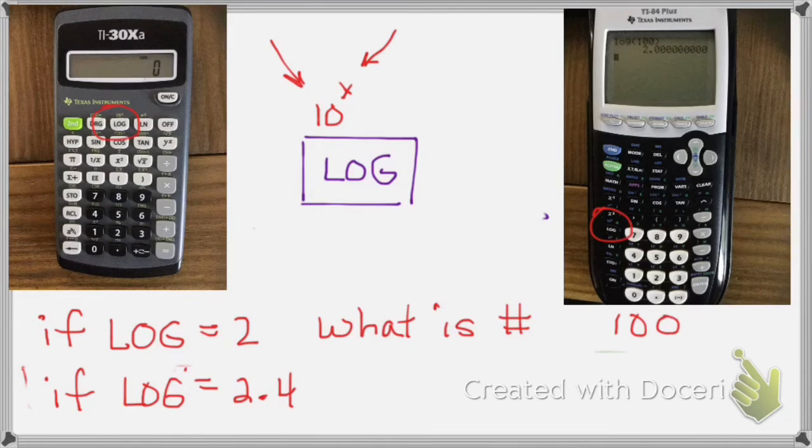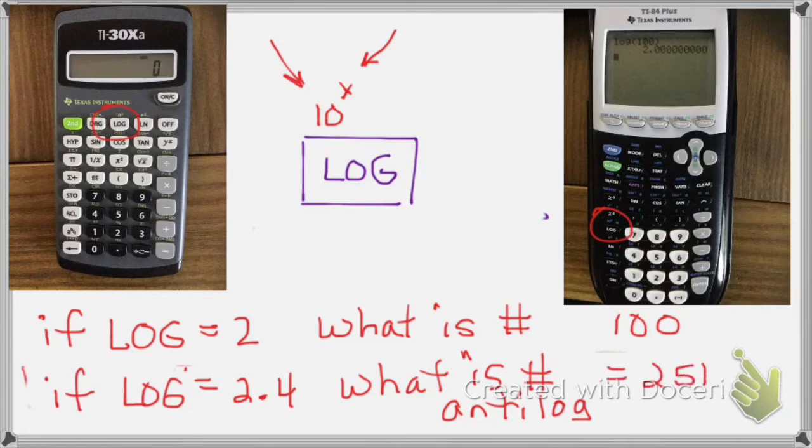We had used that example earlier. So if the log equals 2.4, what is the number? Or as many people say, what is the anti-log? That means you are going to enter 2.4 and now hit second, the log button, so that you're taking 10 to the x, and we get 251.19.